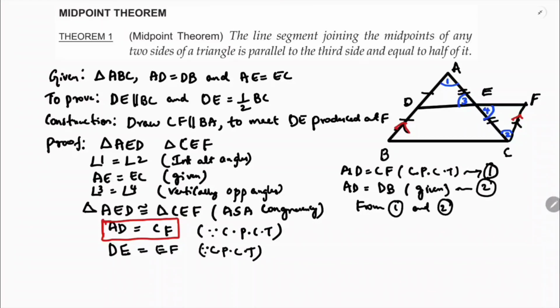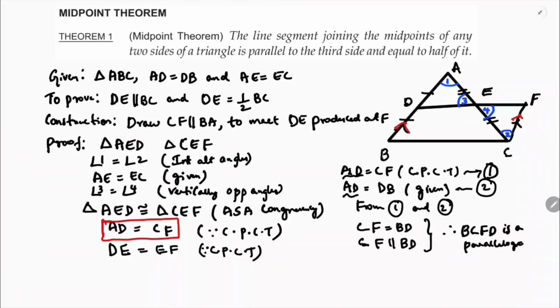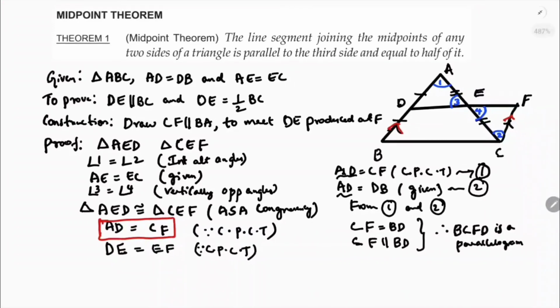From equation 1 and equation 2, we can write clearly CF equals BD. And CF is already parallel to BD. If two lines are equal and parallel, and you join the endpoints, you get a parallelogram. Therefore, BCFD is a parallelogram.